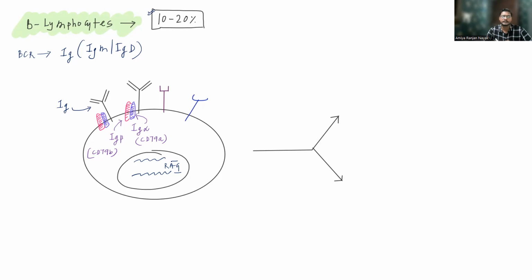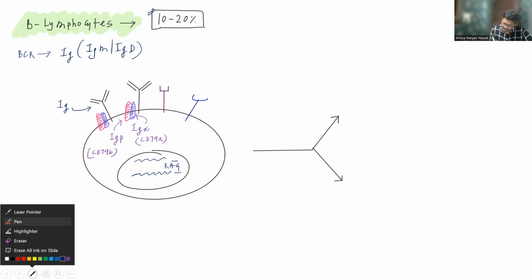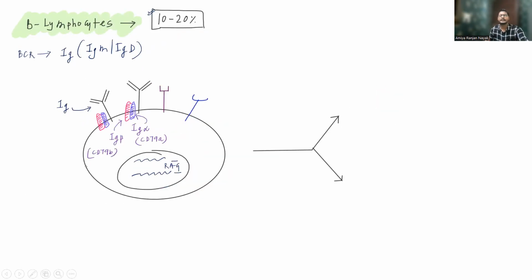Now, what are the co-receptors that the B cells can have? For T cells, we have discussed that the co-receptors are CD28 and CD8 or CD4. For B cells, the co-receptors include a complement receptor, known as CR2 or CD21.